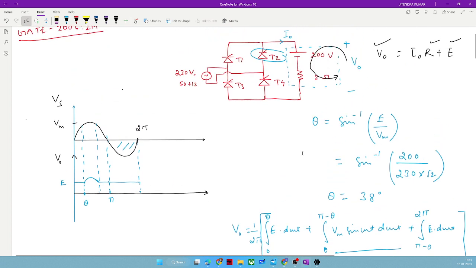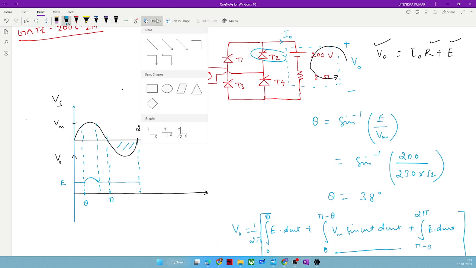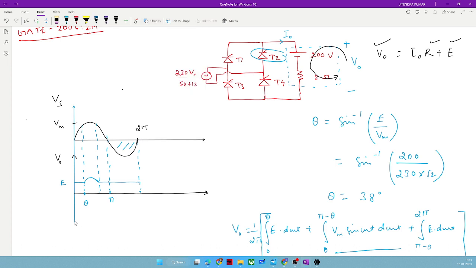And if you had been asked which type of current waveform it looks like, you could also draw that. Current waveform will be visible after the point when current is getting supplied from your source side, right?